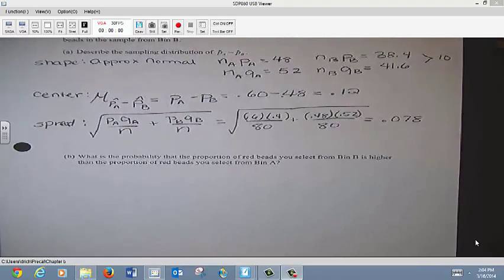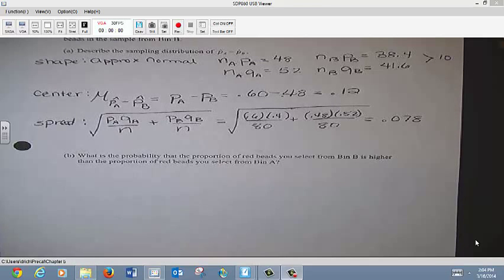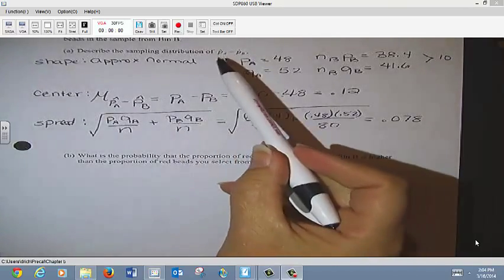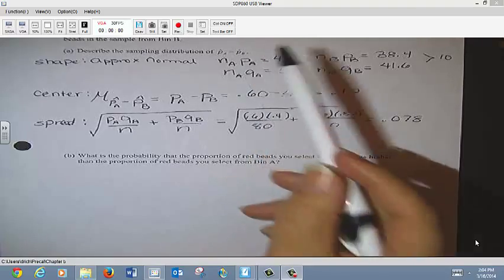And so the second question asks, what is the probability that the proportion of red beads you select from bin B is higher than the proportion of red beads you select from bin A? Well, we already have the distribution here, and we said it was going to be A minus B. So let's think about that.